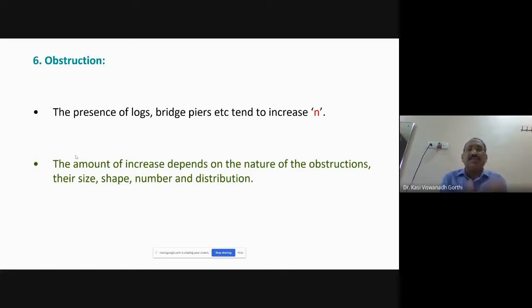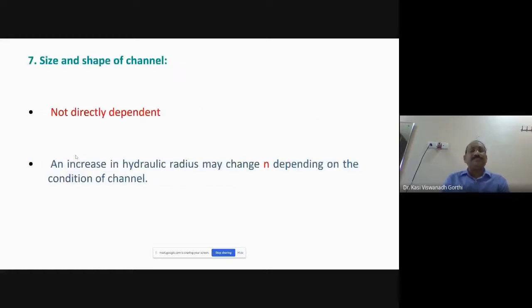Sometimes a pier may be in the middle of a smaller canal, and sometimes the number of piers may be more. This obstruction will have a tendency to increase the value of the Manning coefficient. The amount of increase depends on the nature, size, and shape of the obstruction, how many obstructions there are, how they are distributed, etc.